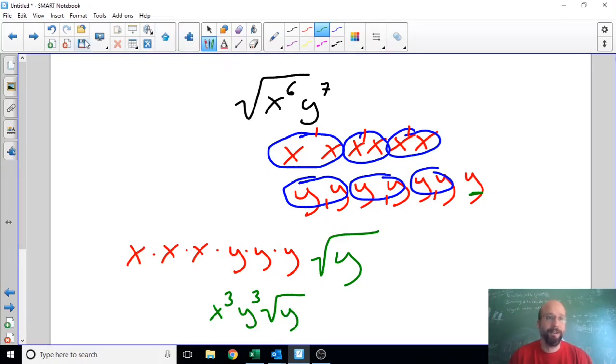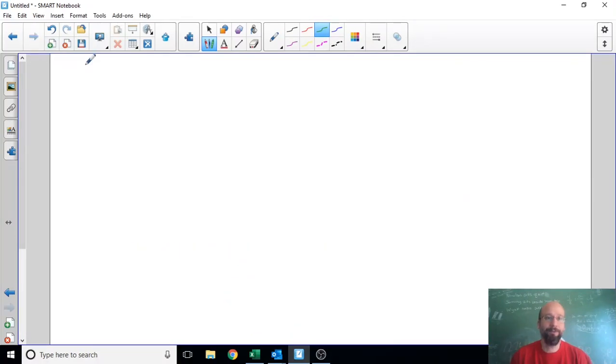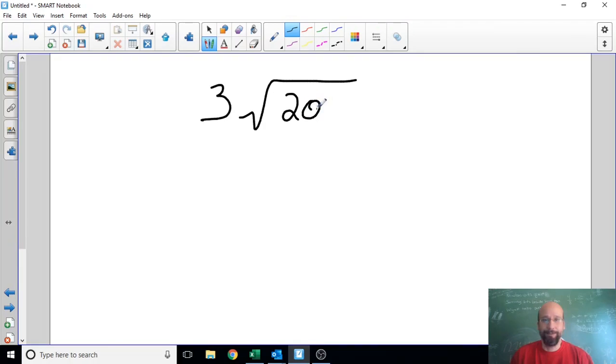You can do the same thing if you have numbers and letters. So let's do one example of that. We're going to start with a 3 on the outside, and we're going to do 200 x squared y to the 3rd. So I'm going to factor 200, 2 and 100. 100 would be 2 and 50.